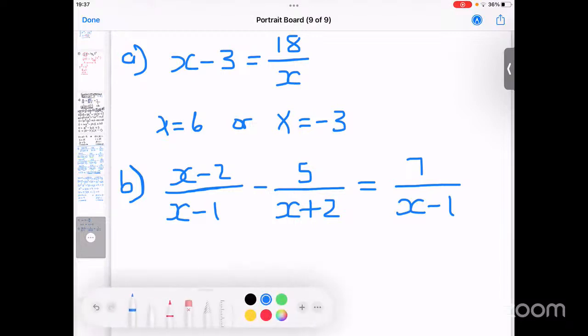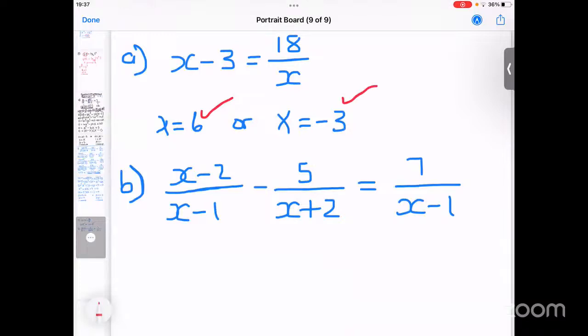Yes, these answers are correct. That one is correct. That one is correct. So that means you need to work it out until you get those answers. If you don't get those answers, then it means you've made a mistake somewhere.